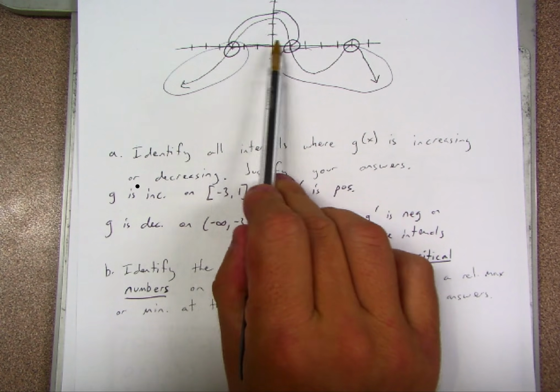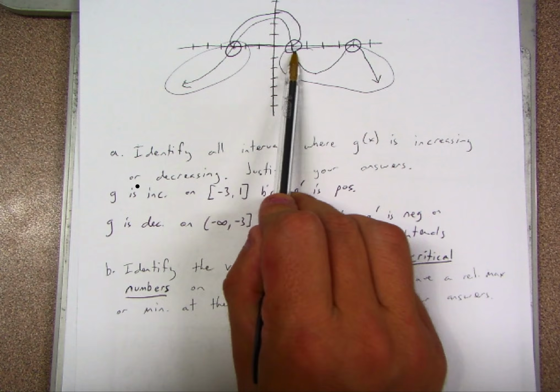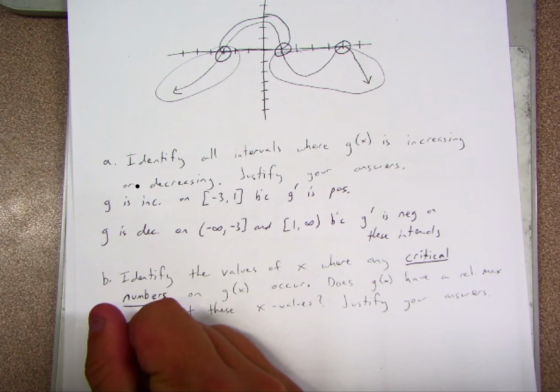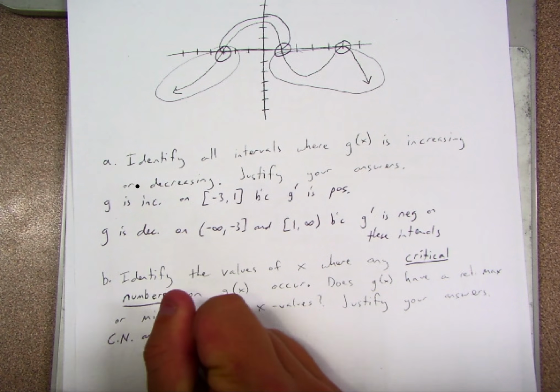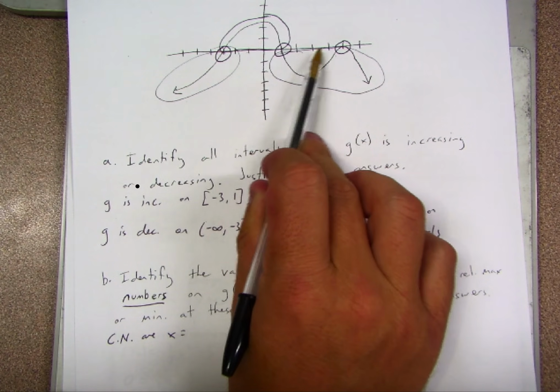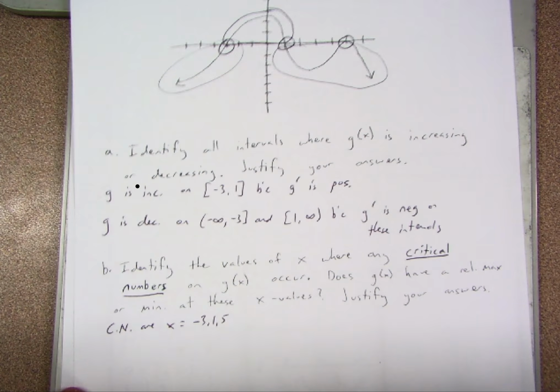These are where G prime is 0. These are the critical numbers of G at these 3 x values. So I would say the critical numbers of G are x equals -3, 1, and 5. That's where G prime is 0.